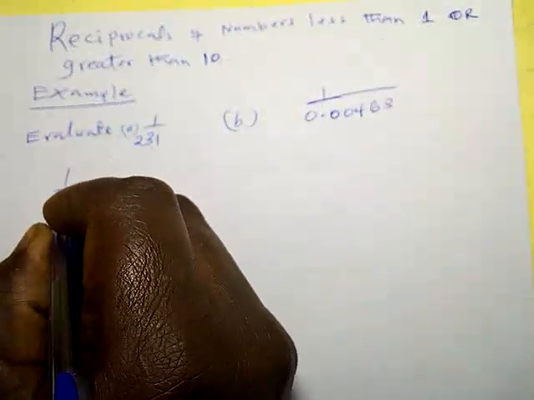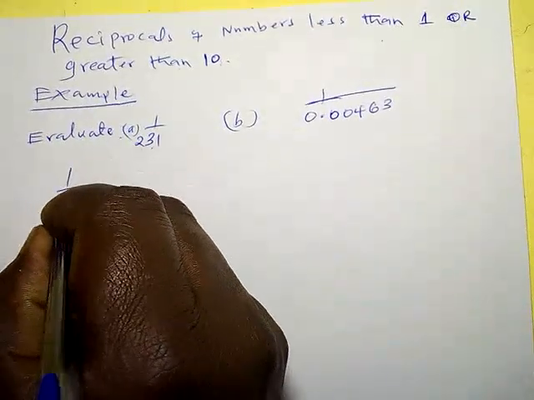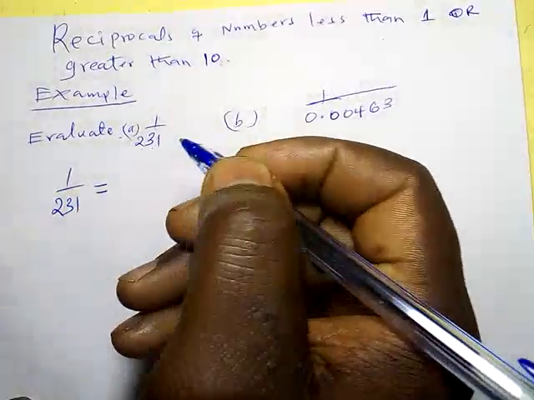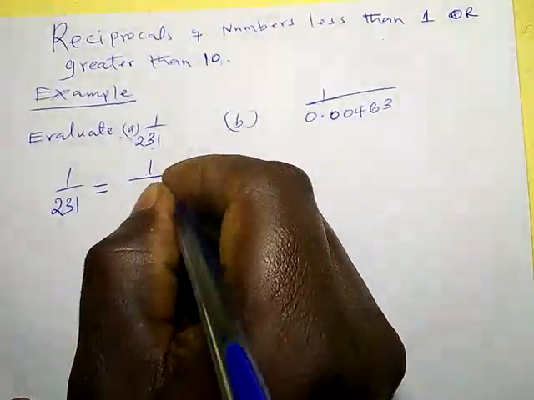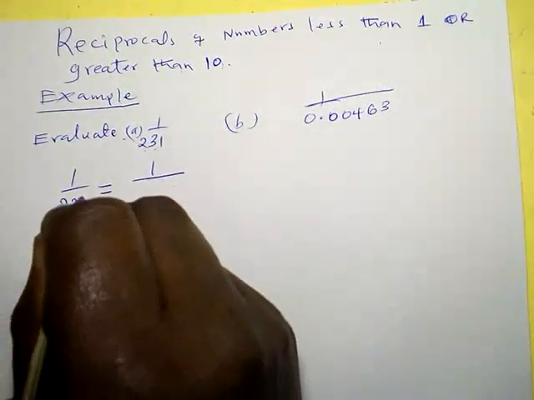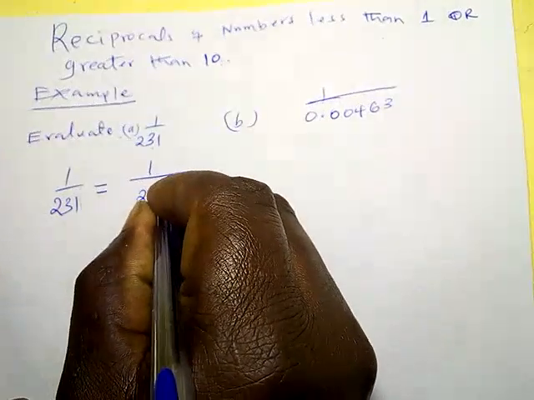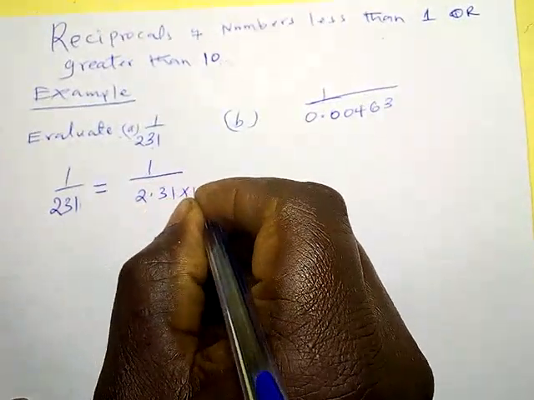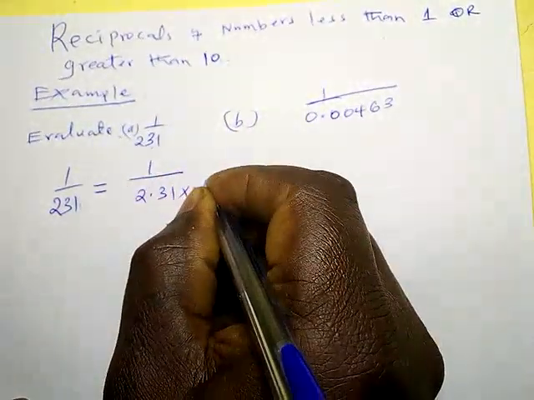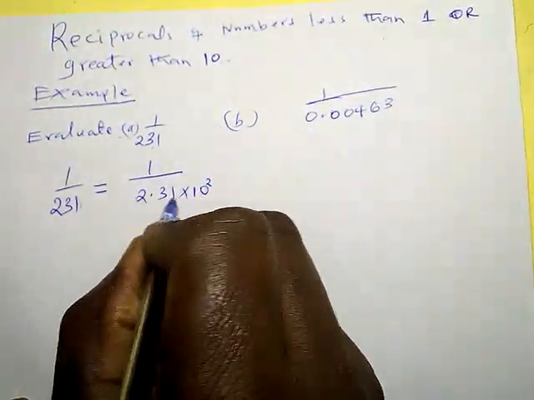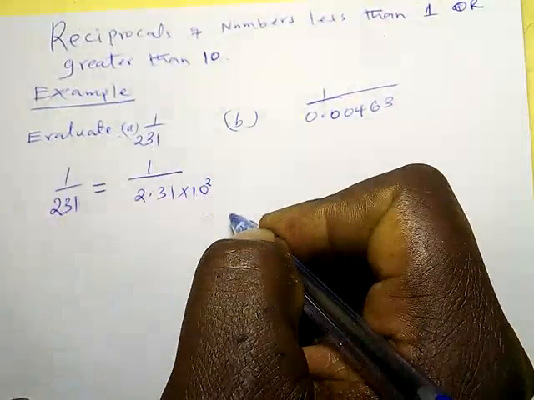231 is exactly the same as, in standard form, 2.31 times 10 raised to power 2. So this number and this one is exactly the same.